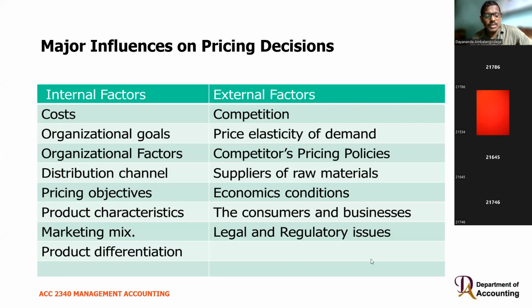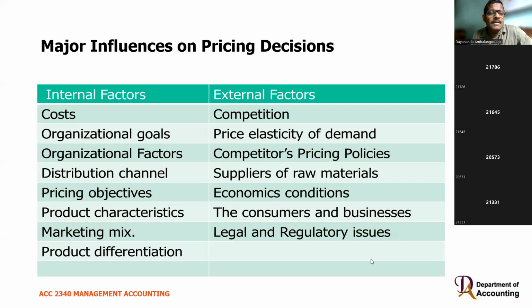Without enough revenue, enough sales income or turnover, it is very difficult to continue the business. So sales revenue, cash flows from cash sales and credit sales are very important.